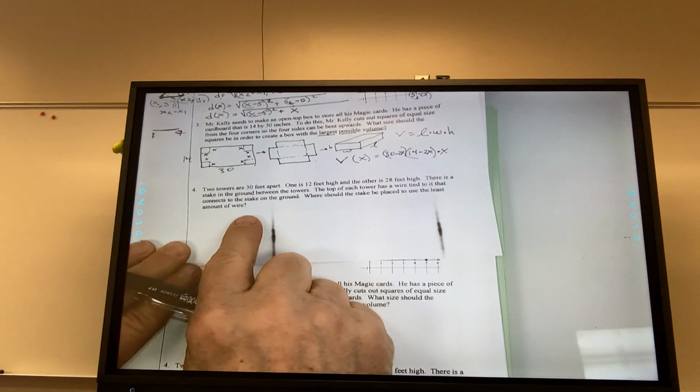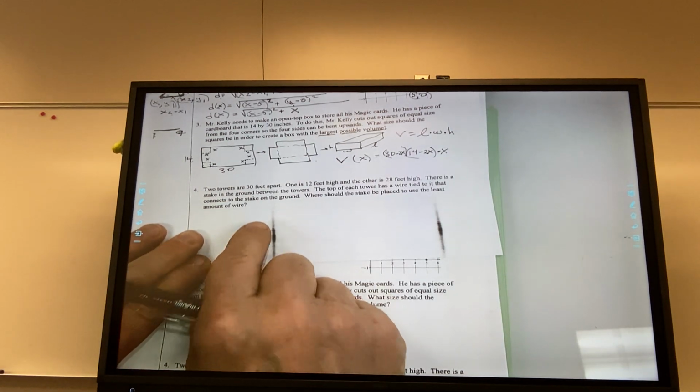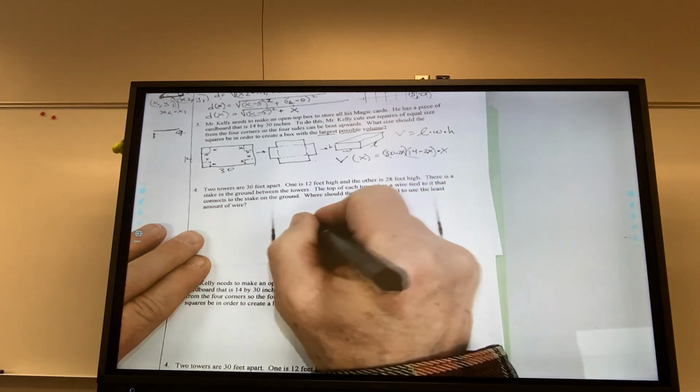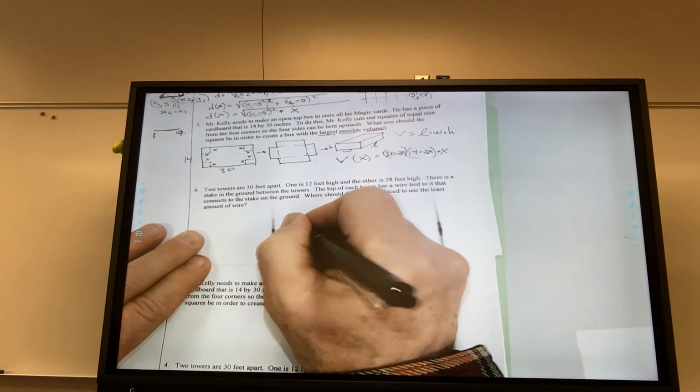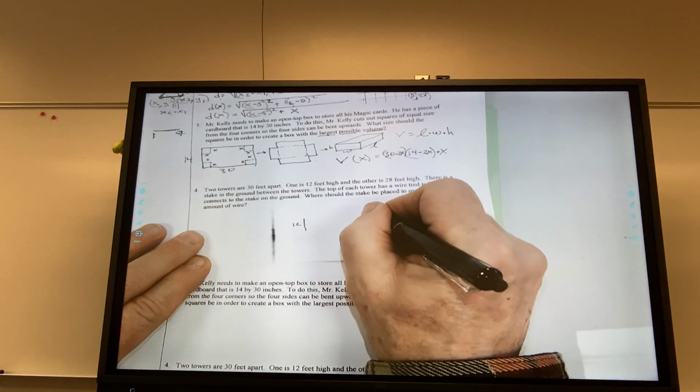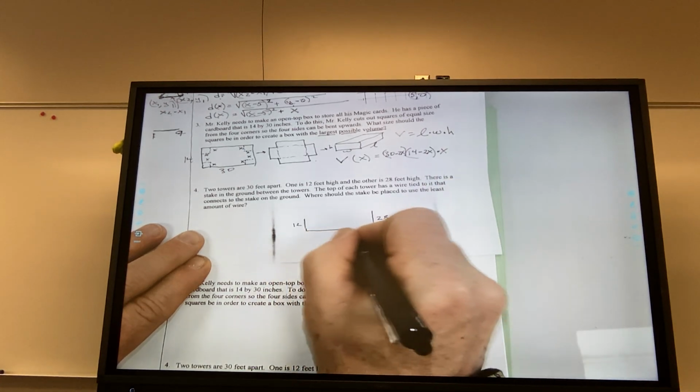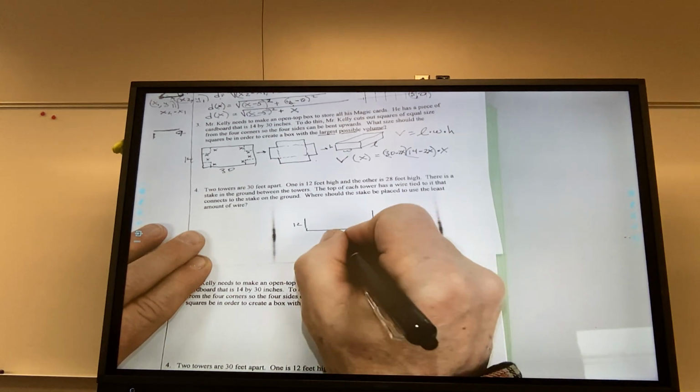Two towers are 30 feet apart, okay? One is 12 feet high, the other is 28 feet high. I can do that. Here's 12. Here's 28. Here's 30.